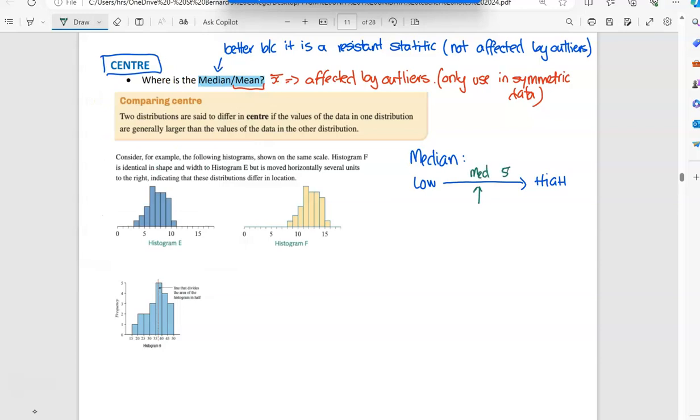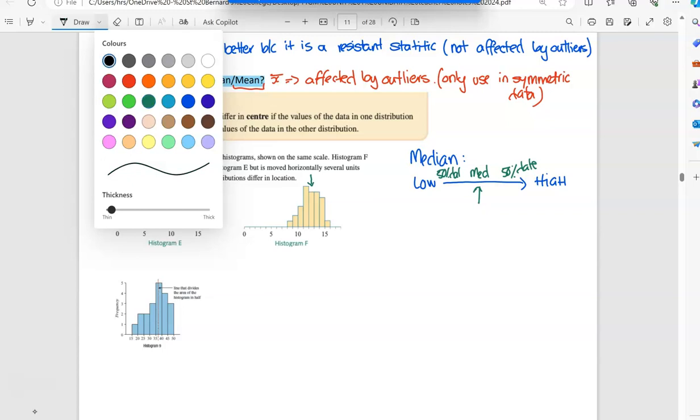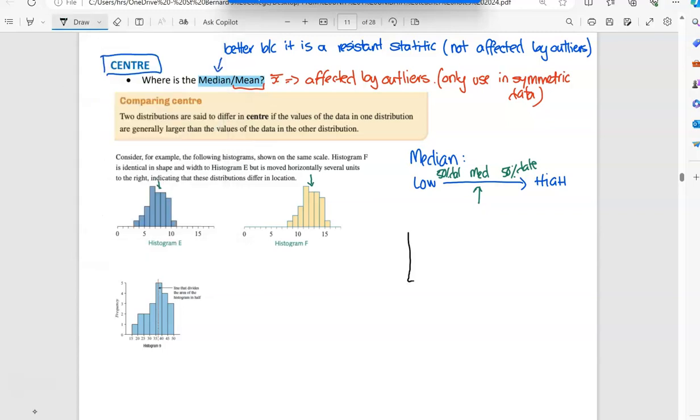So your median has 50% of data above it and 50% of data below it. So the median is always in the middle of the big chunks. I'm just going to draw some examples because they didn't really have it.